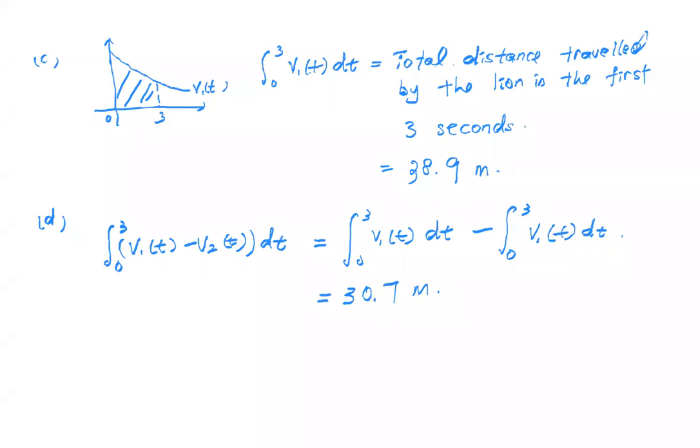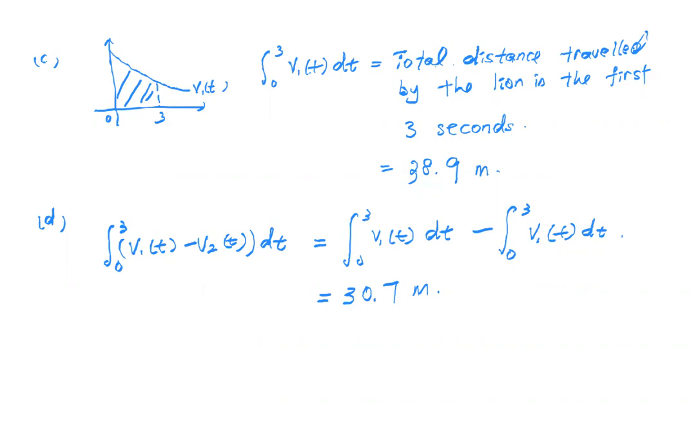What is the first one? The first one is the total distance traveled by the lion in the first 3 seconds, correct? The second one is the total distance traveled by the zebra in the first 3 seconds, correct? If I subtract and get a positive value, what can I say? That means in the first 3 seconds, the lion has traveled 30.7 meters further than the zebra.